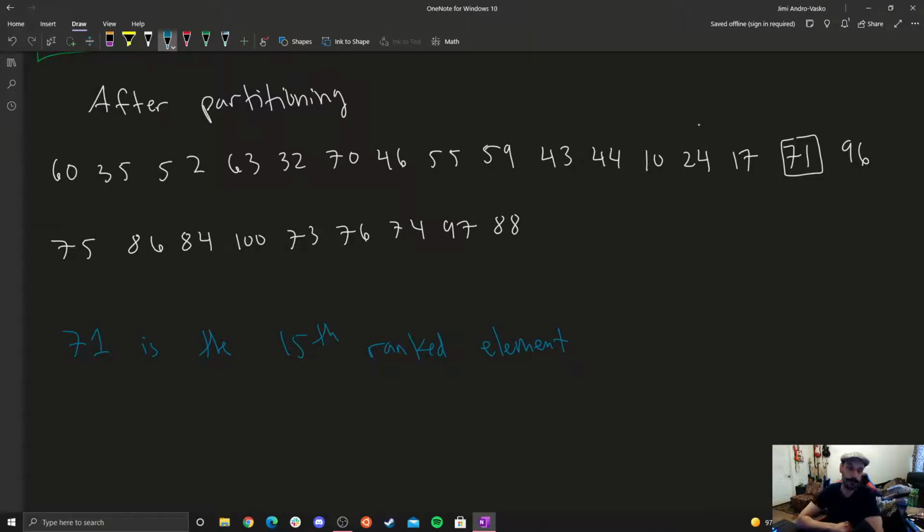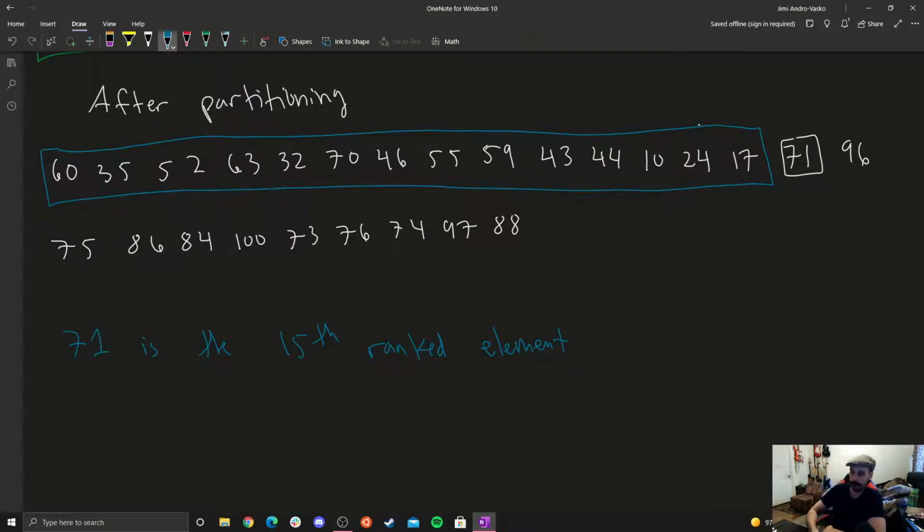It's not the 13th, which means we know for sure that the median has to be somewhere over here on the left. We definitely can conclude that. Unlike sorting the whole array, we don't have to worry about the right side of 71 because the median cannot possibly be there. So we can eliminate all those elements right away and focus only on the left side.